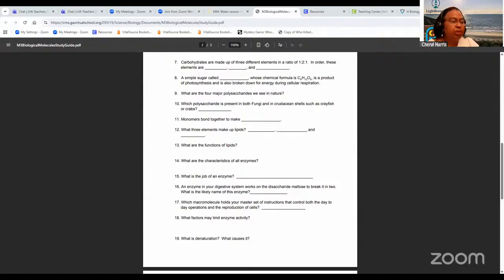And I guess you could put cellulose. You can put that, that's good. And you can put sucrose on that list because it is not a monosaccharide. So you can put glucose on that list as well. Anybody have another one that's kind of popular?